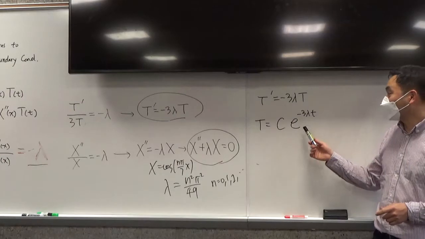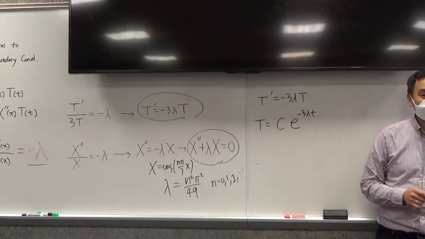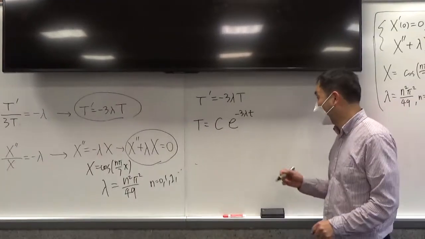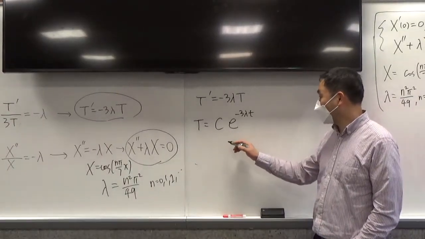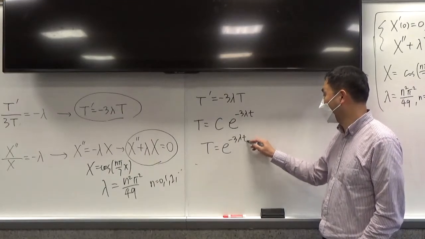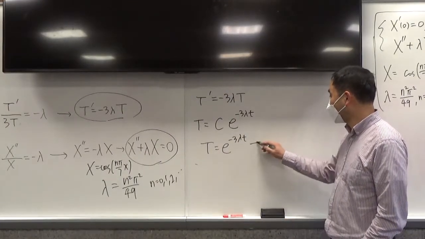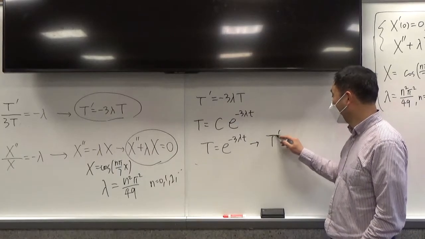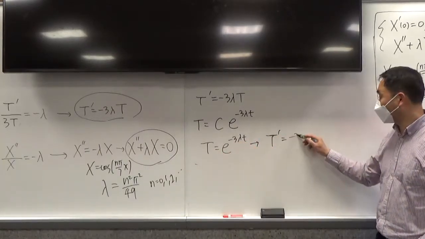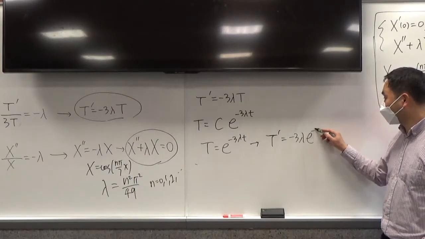First, how would we check this? Just differentiate, right? So how would you do it? Just think of it like this. If T is e to the negative 3 lambda t, what is T prime? Well, the chain rule says this comes in front, right? So you have negative 3 lambda, e to the negative 3 lambda t.